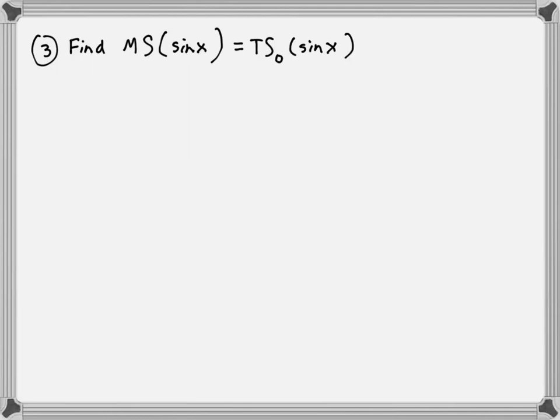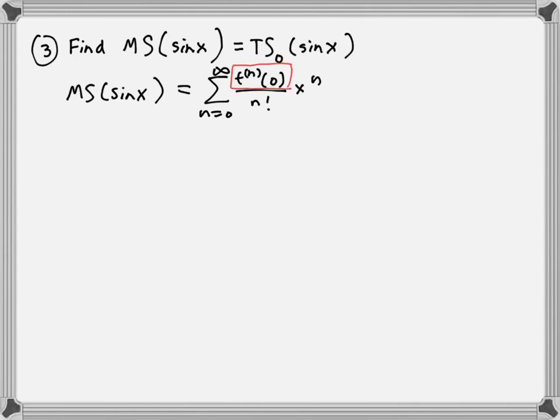So what is the Maclaurin series of sine of x as far as writing our formula down? Remember, we know it's going to be the nth derivative at 0 divided by n factorial times x to the n. But we do need to figure out what this top guy is. We're going to need to figure that out by doing our table.